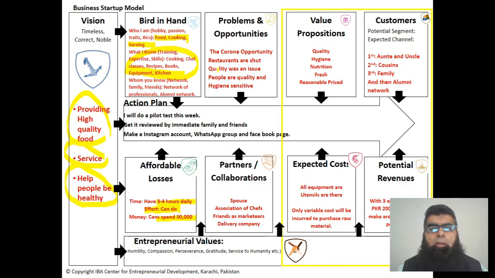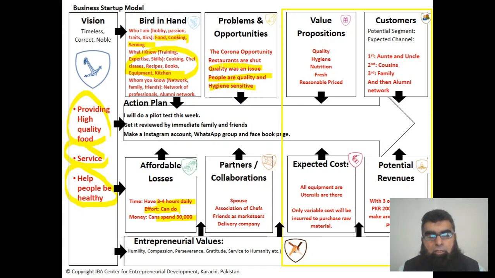They're getting tired and bored sometimes. And some people don't know quality cooking. So quality is an issue, and people are quality or hygiene sensitive nowadays. And she can really offer that, online, as a service company offering food right at their doorsteps. So that opportunity emerges.